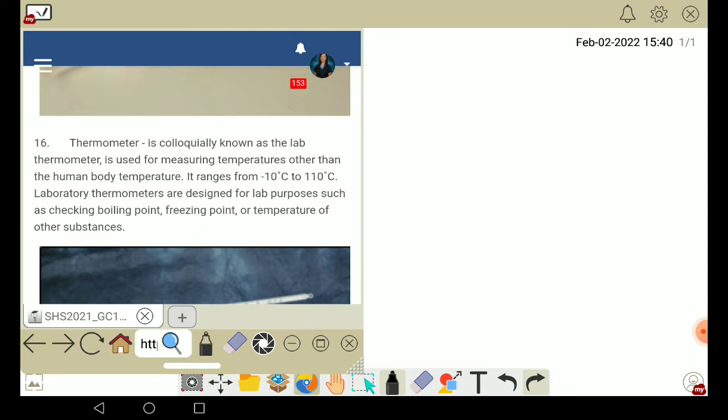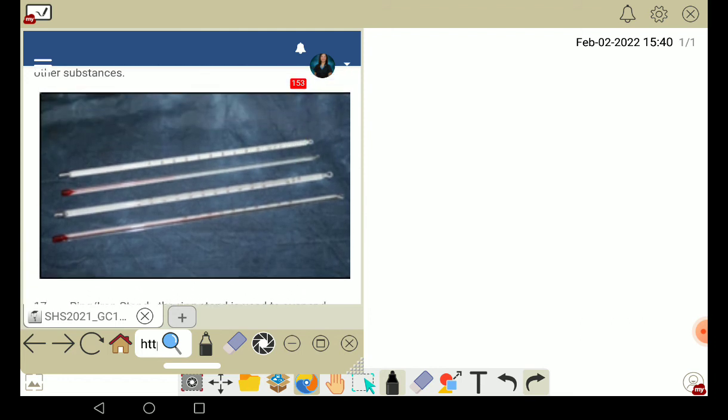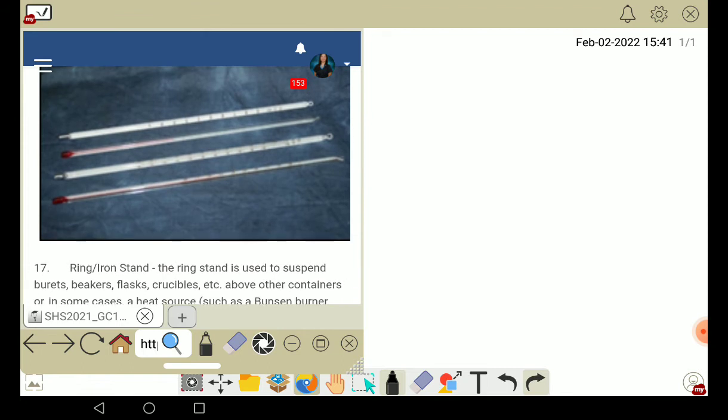Laboratory thermometers are designed for lab purposes such as checking boiling point, freezing point, or temperature of other substances. They are similar to the thermometers we use for measuring body temperature, but there is a specific thermometer for laboratory purposes.